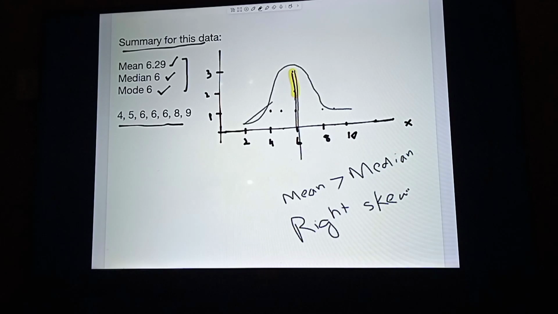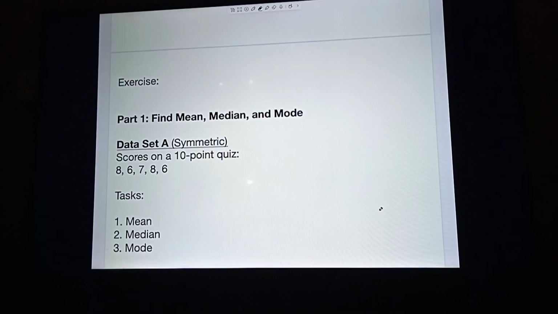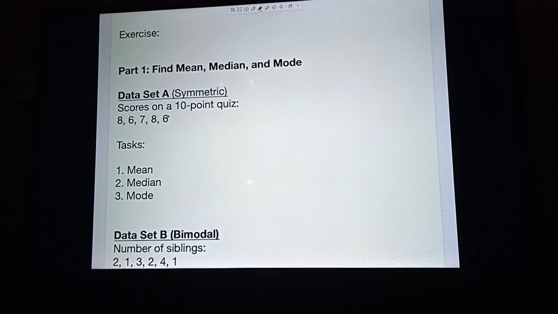Now this was all about measures of central tendency in case of a simple data set. Consider this exercise. This is the first question. Find mean, median, mode, and the data set is symmetric, meaning that you will get a symmetric or bell-shaped curve after plotting.